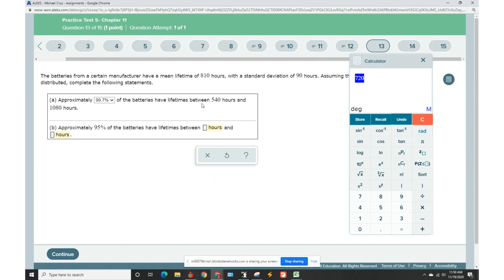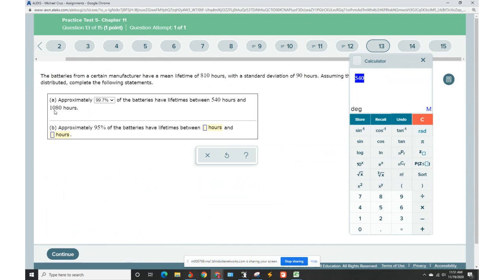So that's not quite low enough. So let's subtract again. Not quite low enough. So let's see if one more will do it. 540. So this right here is 3 standard deviations down from the mean, and the other is 3 standard deviations upstream from the mean. So that's 99.7. That's 3 standard deviations.